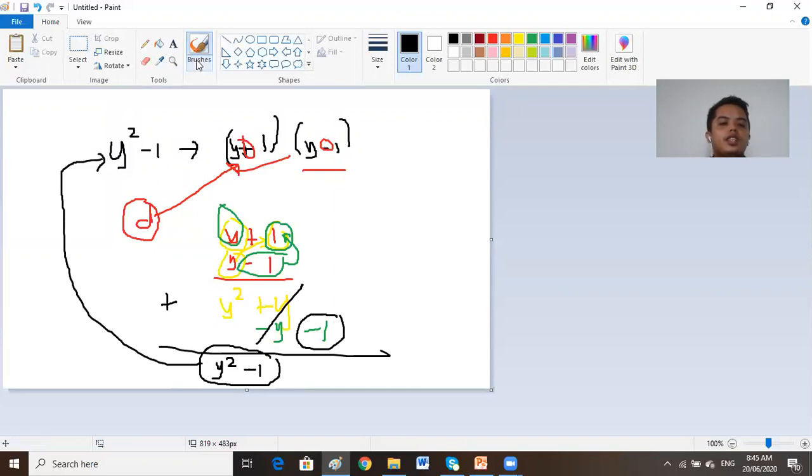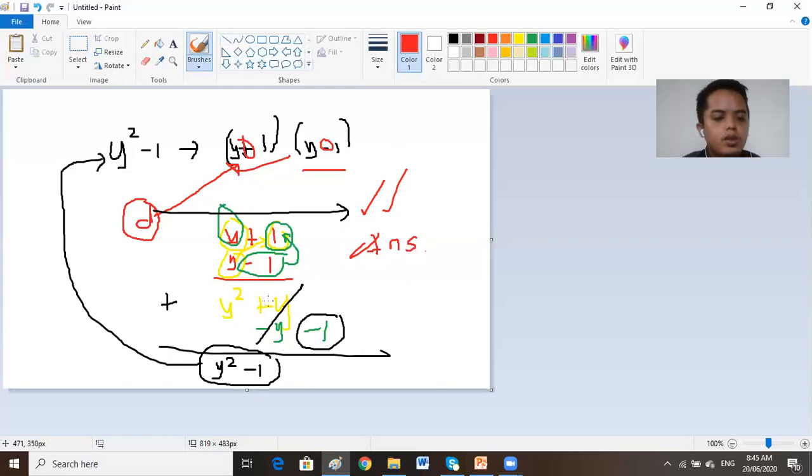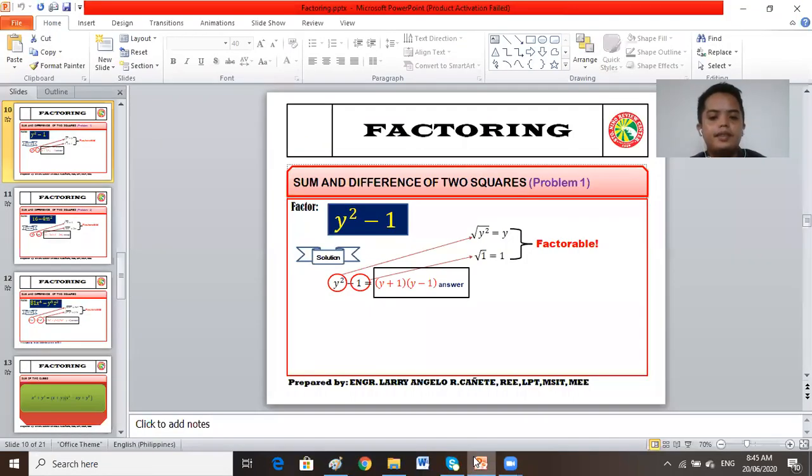So you conclude that choice letter D is the correct answer. That is how to use the shortcut. If you do not know how to factor this, all you have to do is pick choices. At least there is a higher percentage that you will shade the correct answer.